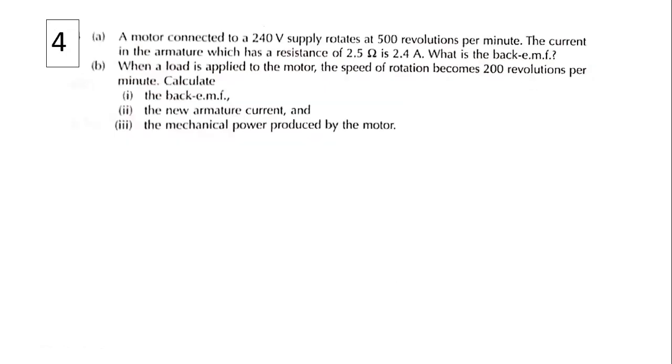Okay, a motor connected to 240 volt supply rotates at 500 revolutions per minute. The armature has a resistance of 2.5 ohm and current is 2.4 ampere. What is the back EMF? Okay, how do we calculate that? What formula to use?